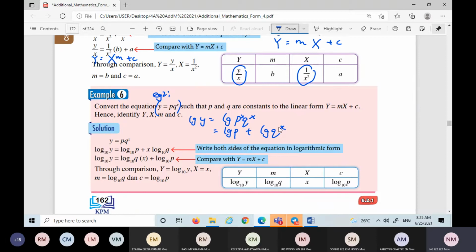Okay, next the power here can bring in front. This is why you end with this one. Now we check and see whether we can match with y equals to mx plus c.